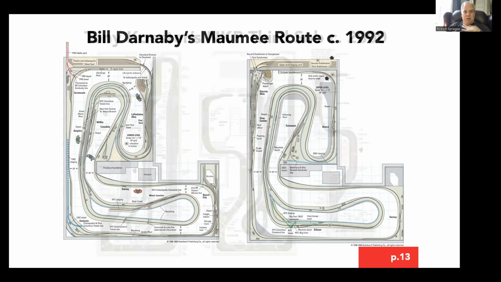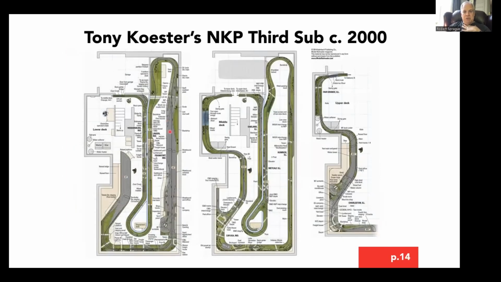Then that, I think, probably translated very much when Tony Kester redesigned his Nickel Plate railroad in about 2000. Again, very long, narrow, straightaway type shelves here to give a lot of room for operation, a lot of room for running multiple trains and relatively long trains.